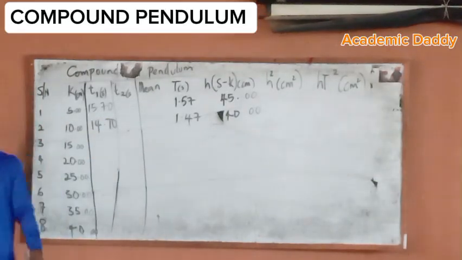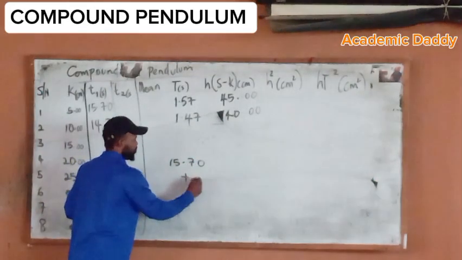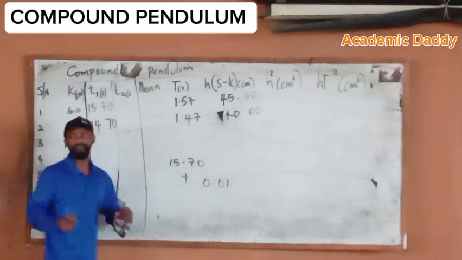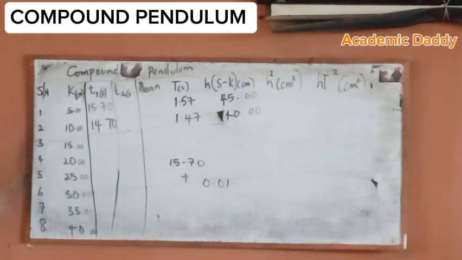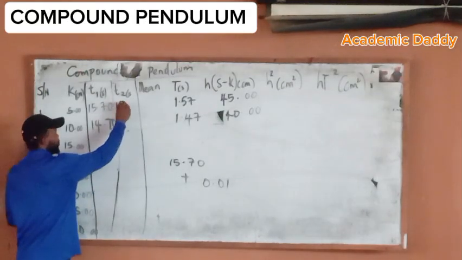I'm using 2 decimal places. So I'll just say 15.70 plus 0.01. Assuming I use 1 decimal place, I will add 15.70 plus 0.1. And when I use 3 decimal places, I'll do 15.70 plus 0.001. So add it up for me. You are going to get 15.71, shouldn't it?